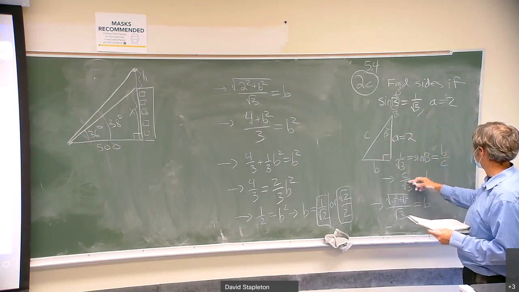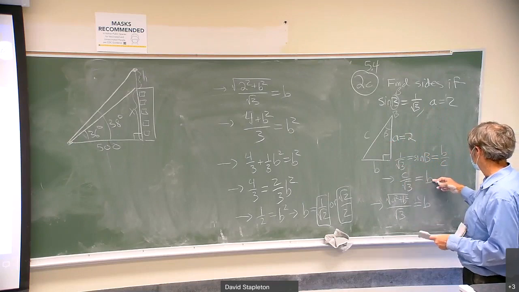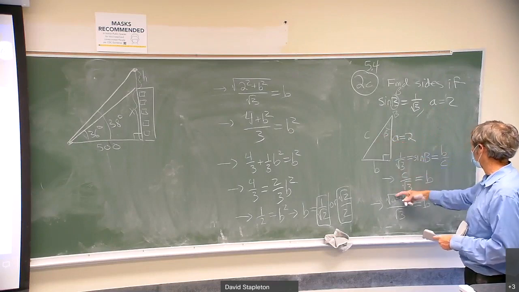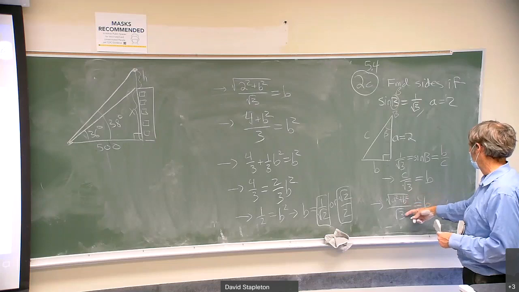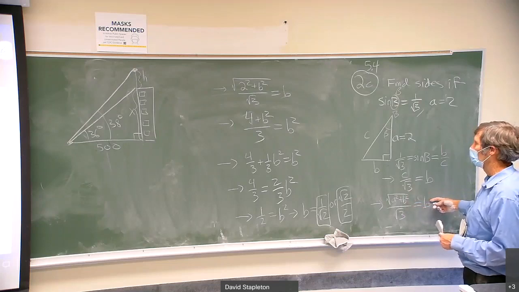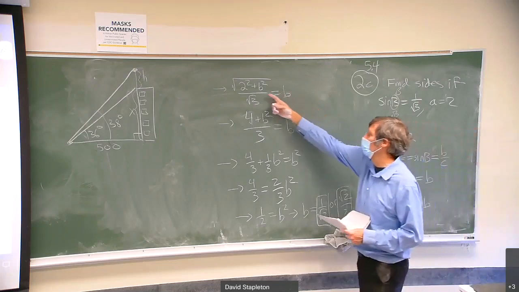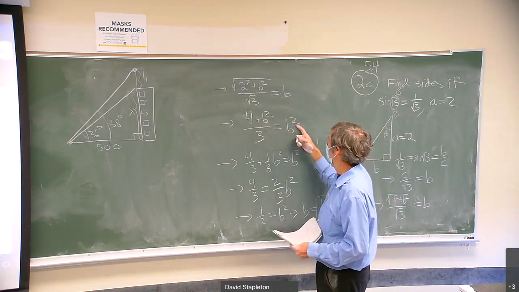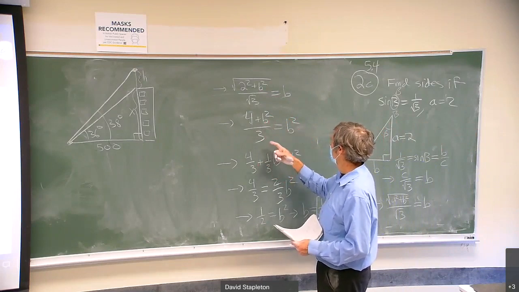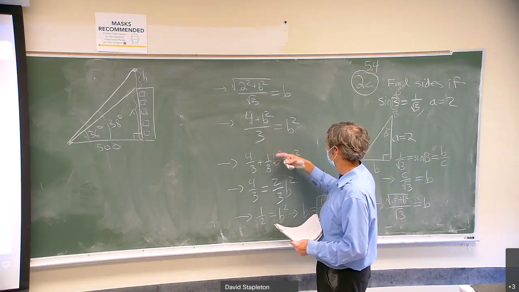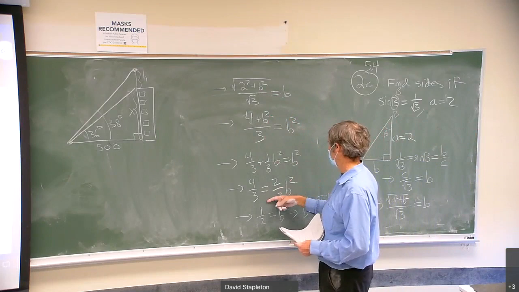Multiply by C, you get C/√3 equals B. But C is equal to, since it's the hypotenuse, square root of A squared plus B squared. Square both sides. So I'll bring this up here and put 2 for A. Square both sides. Four thirds plus 1/3 B squared equals B squared. 4/3 equals.